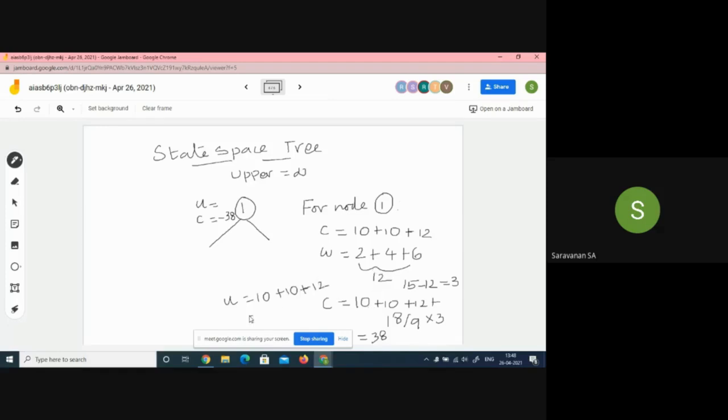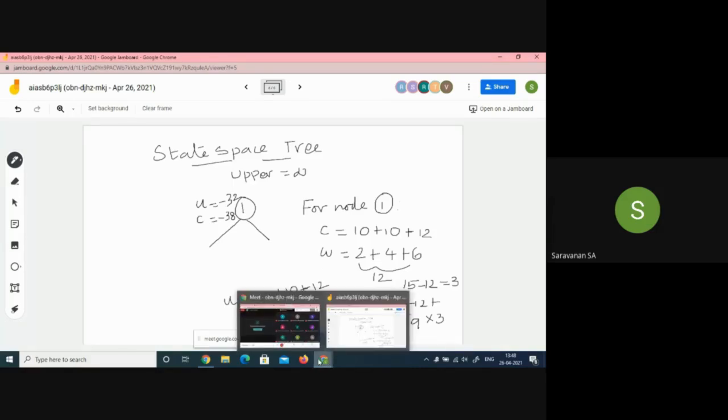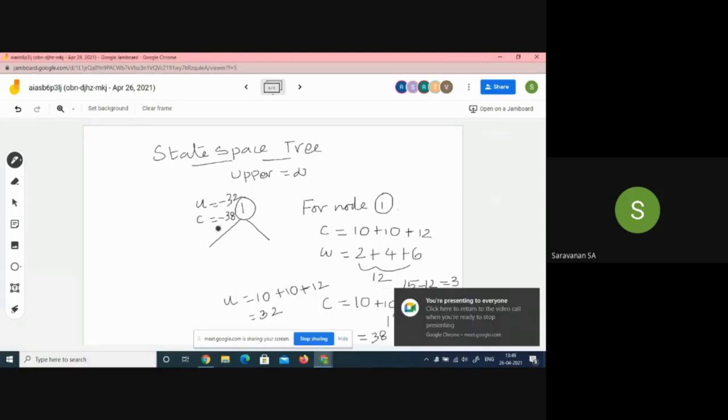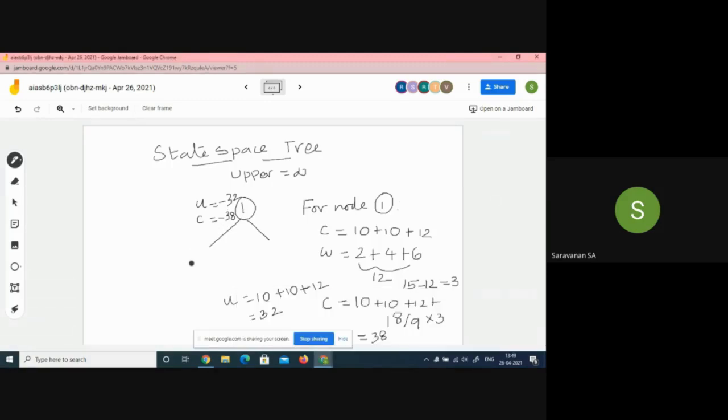Okay, so it is 32. So you can start from this initialization. Okay, so this is the initial value for u and c. How to calculate c and u for the first node: the initial value, we haven't reached the solution yet.